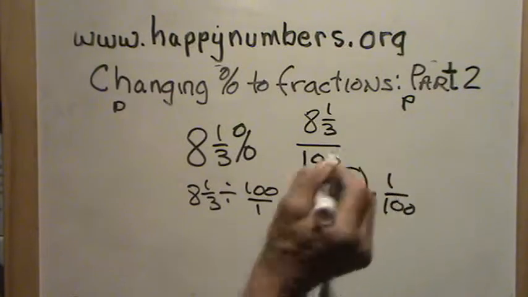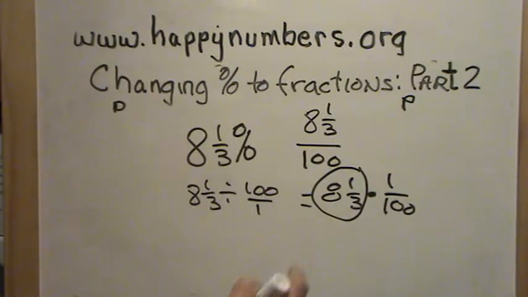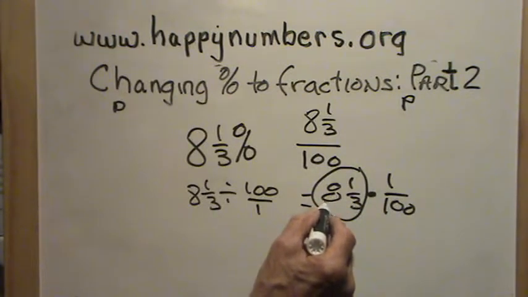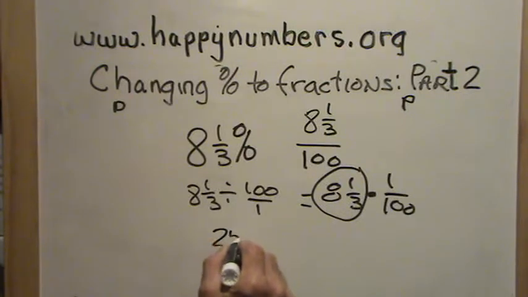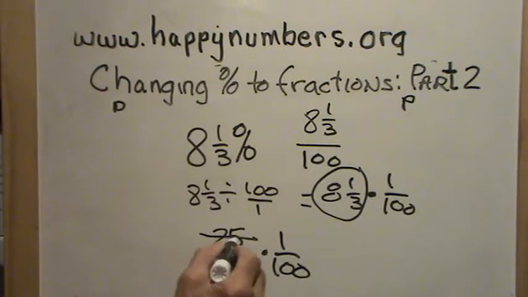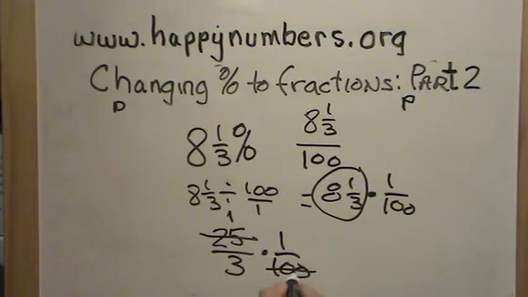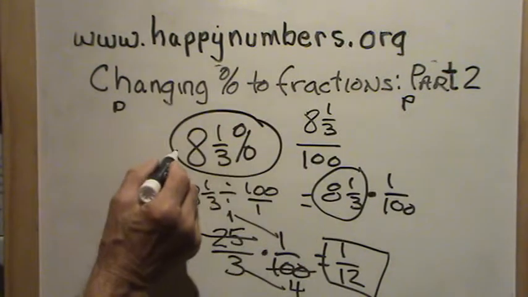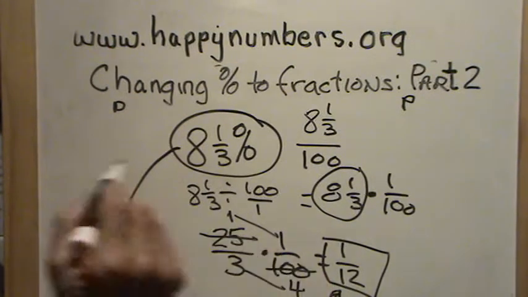Now I have to change the mixed number into an improper fraction so I can work with it. 3 times 8 is 24, and 1 is 25 thirds times 1 over 100. Now I can cancel. 25 goes into 25 one time. 25 goes into 100 4 times. Multiply. 1 times 1 is 1. 3 times 4 is 12. And so I have changed 8 1/3% into the fraction 1/12.